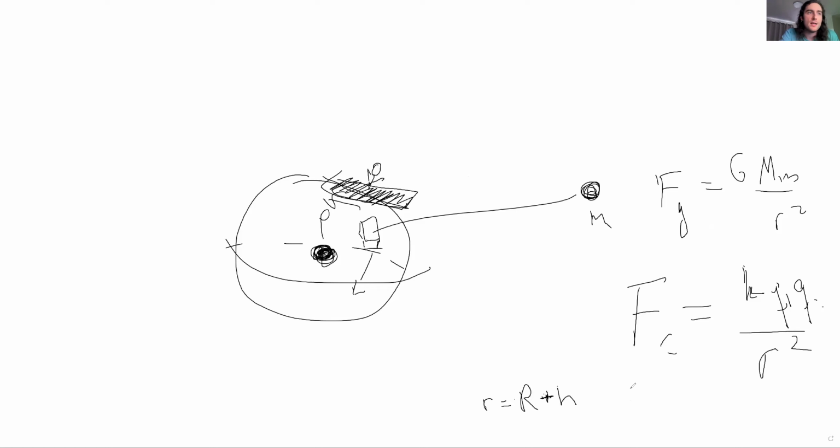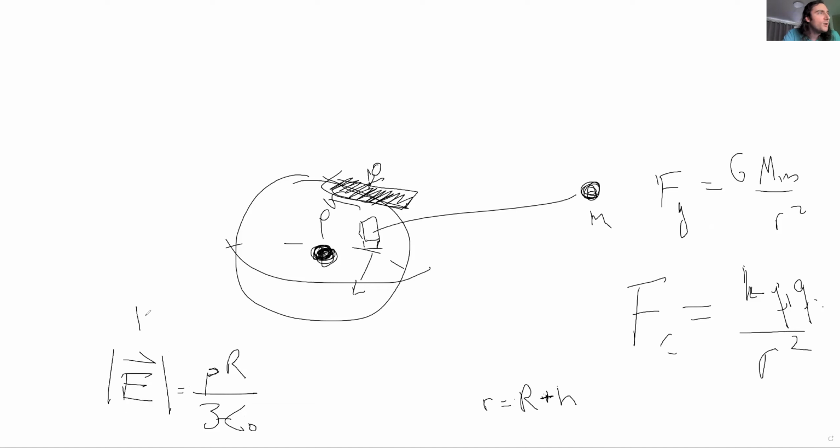And h is very small compared to capital R. And so what happens is you get for your answer rho times big R over 3 epsilon naught for the electric field magnitude.